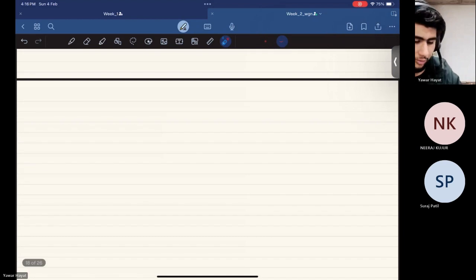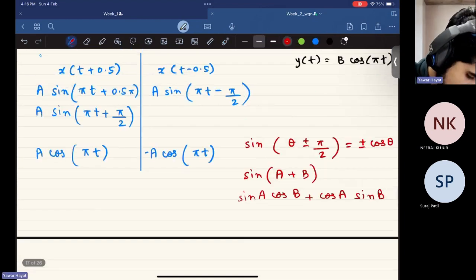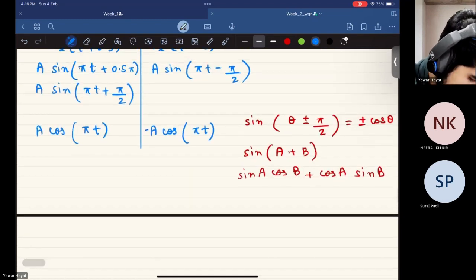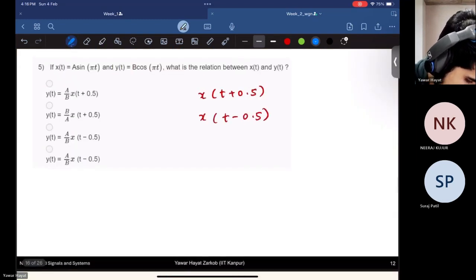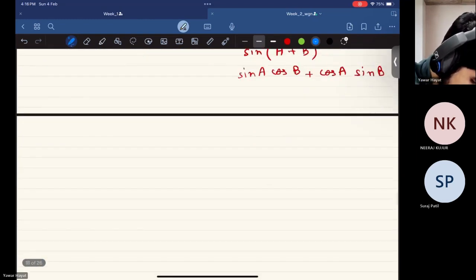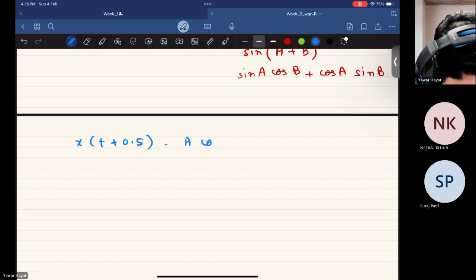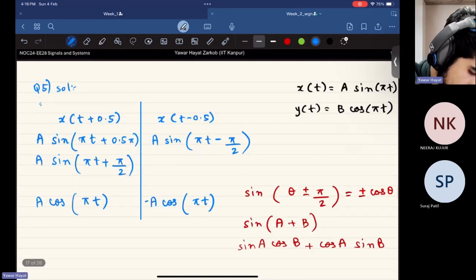Okay, we have the page. So now see, this x of t plus 0.5, what is that equal to? A cos of pi t, right?